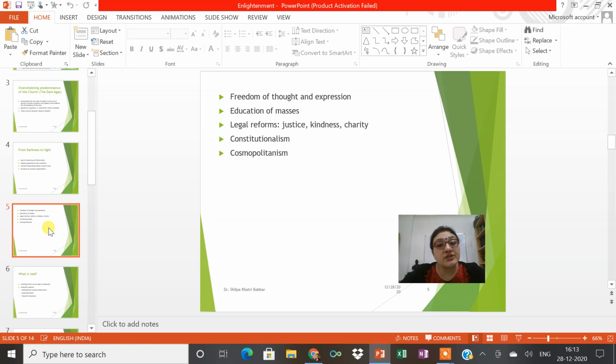The clergy were excused for certain things, the nobility were excused for certain things. However, the common men were not excused and, in fact, had to pay for the faults of the clergy and the nobility also. But cosmopolitanism erased this particular idea. So then, over a period of time, Enlightenment also scratched at the idea of what exactly is real.